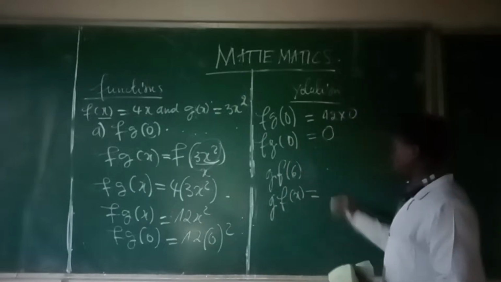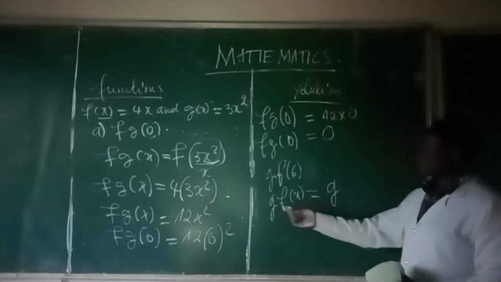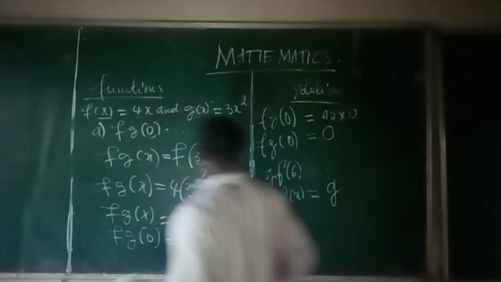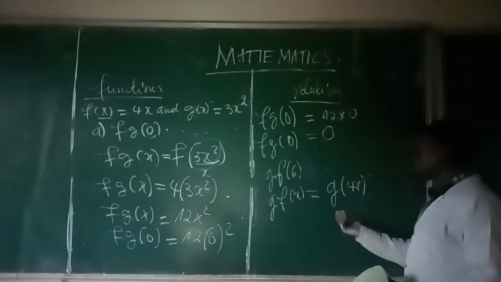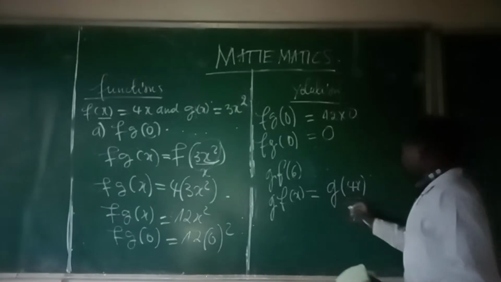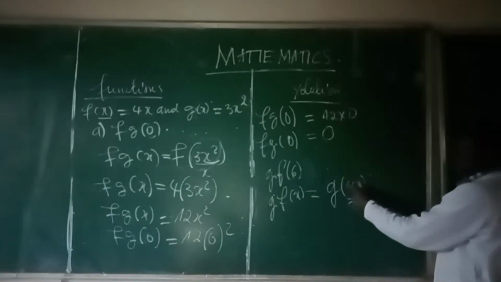You have to write this one, and the one nearest to x, f of x, is equal to 4x. Now you see, it is g of x. Where we have x, we have to put this 4x.